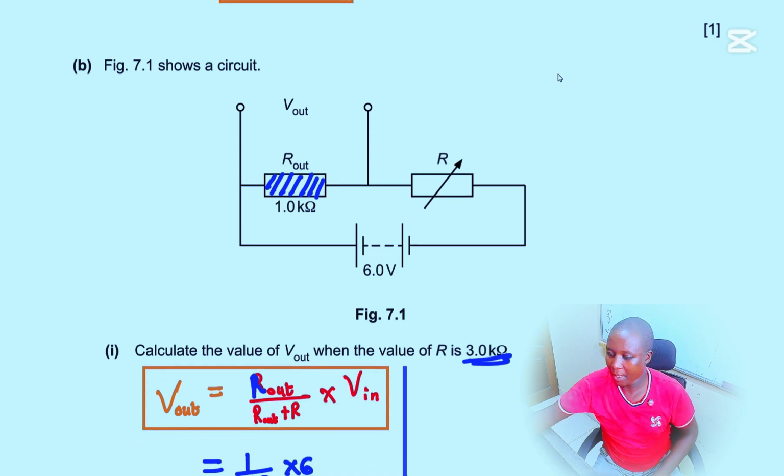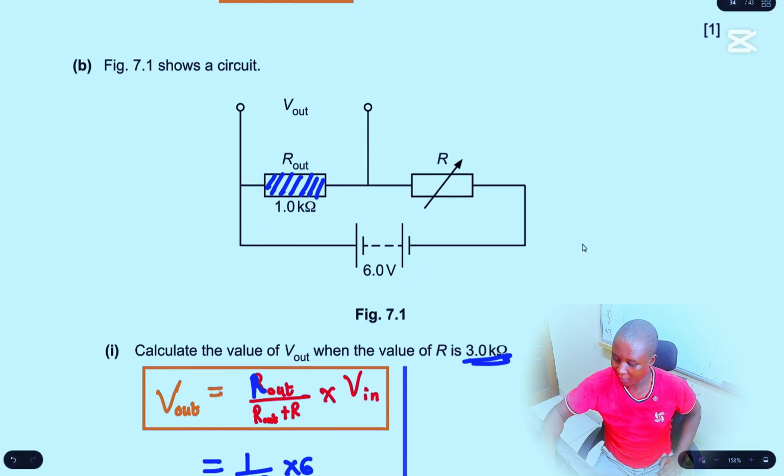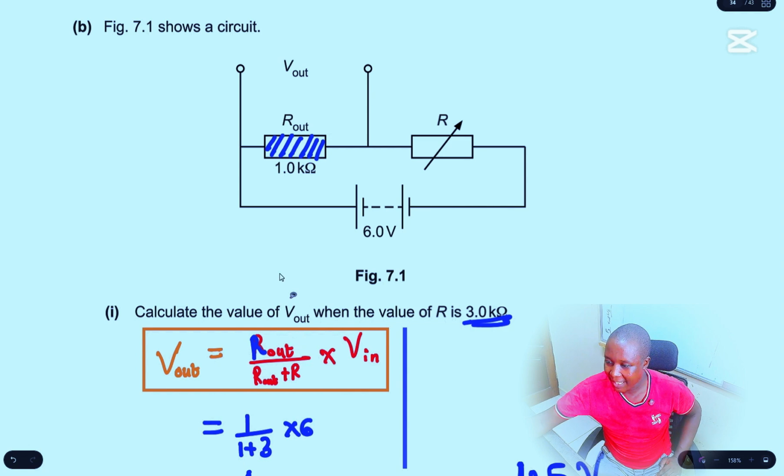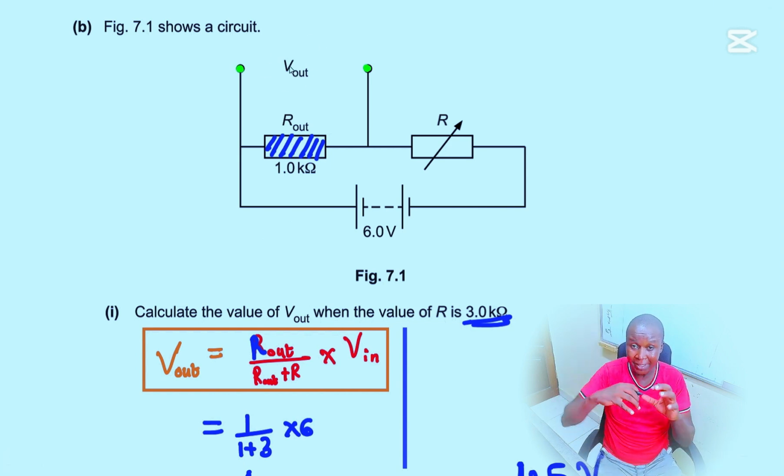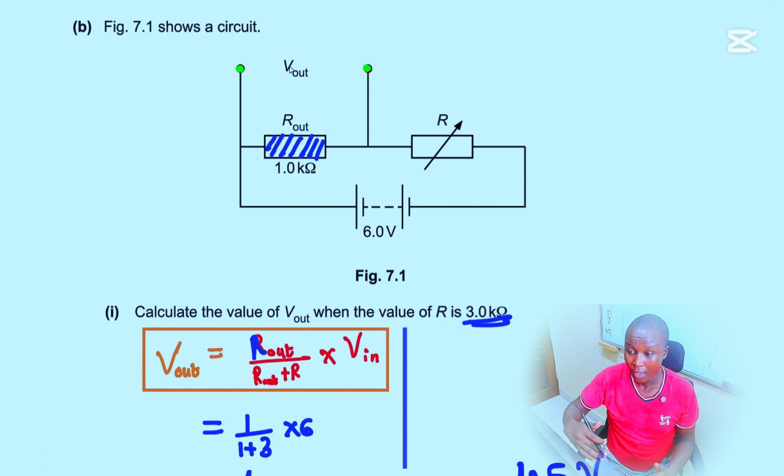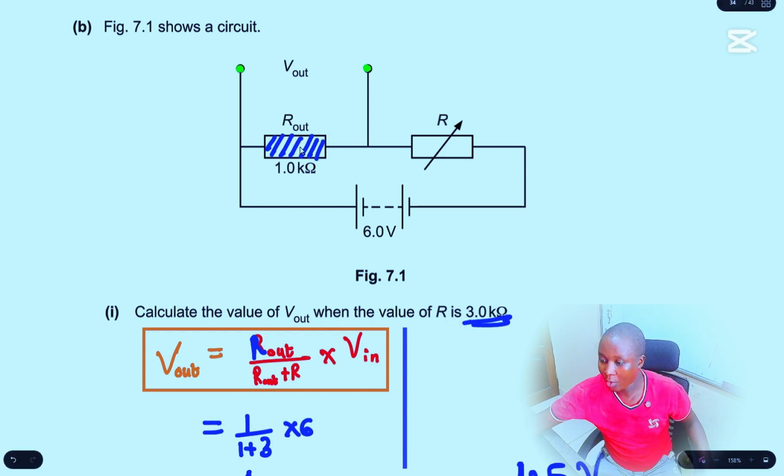Remember, the formula you use whenever you're given a potential divider question involves R out. R out is the resistor where you are going to pick the voltage. V out is the voltage that will be tapped from this section, and it is R out over the total resistance, which is R out plus R, times V in.